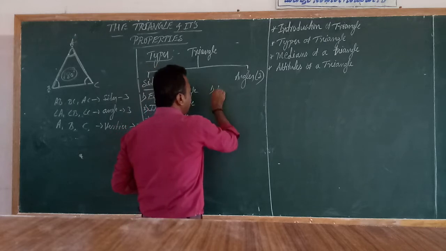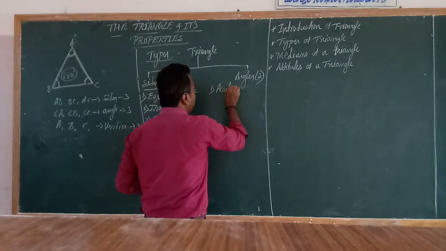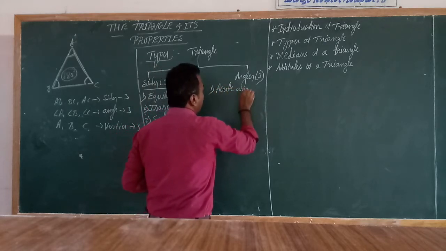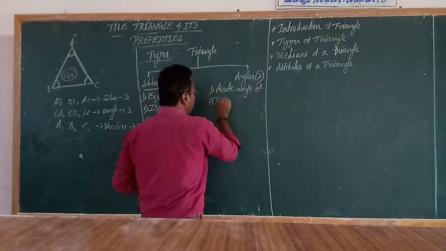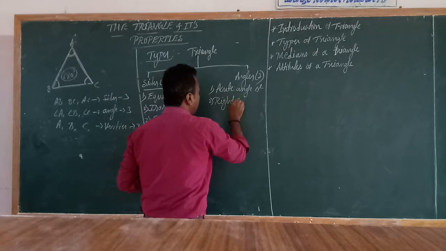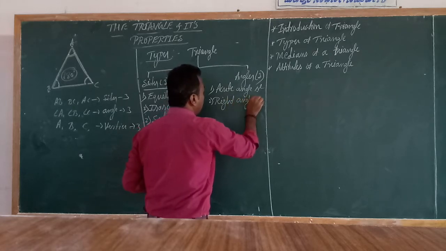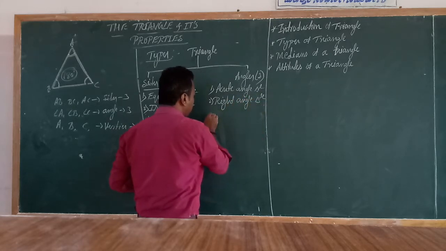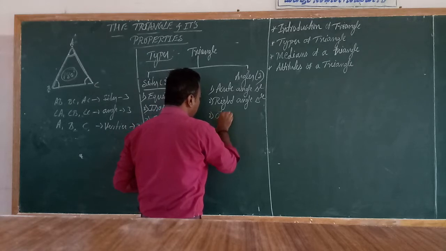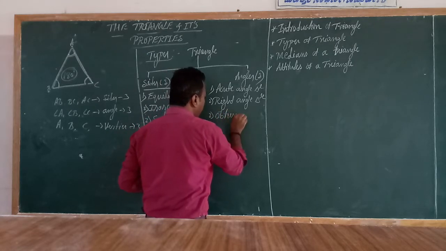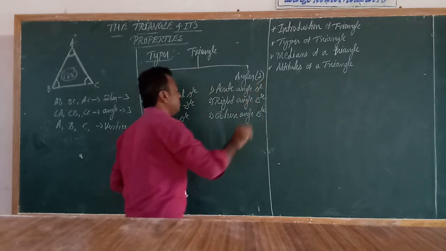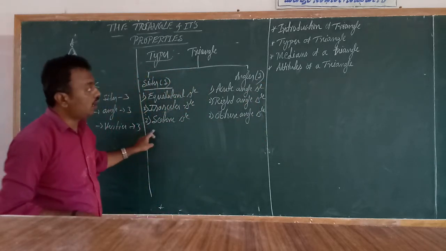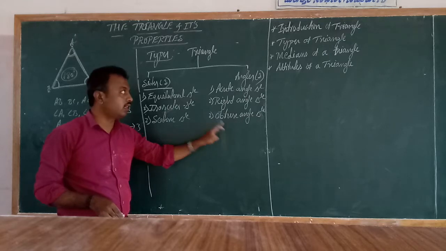Number 1, acute angle triangle. Next, right angle triangle. The third one, obtuse angle triangle. So there are totally 6 types.